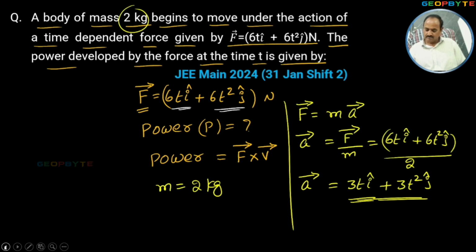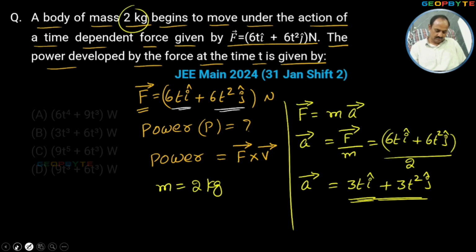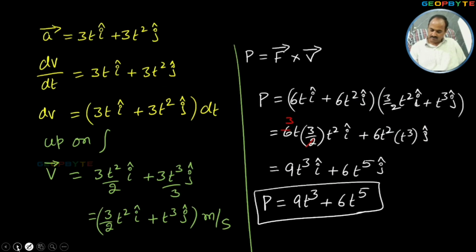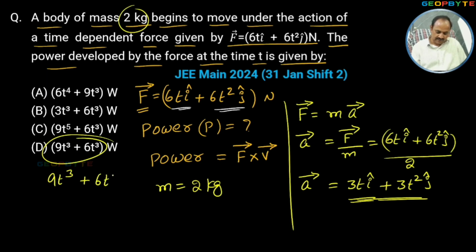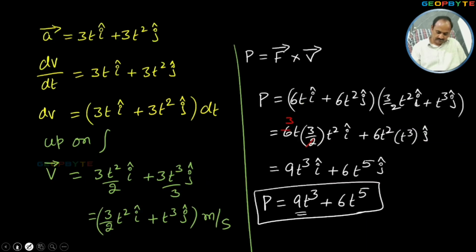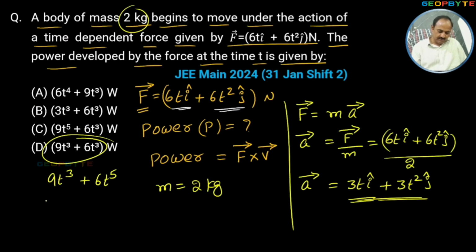9 t cube plus 6 t power 5. Option D may be a printing mistake.